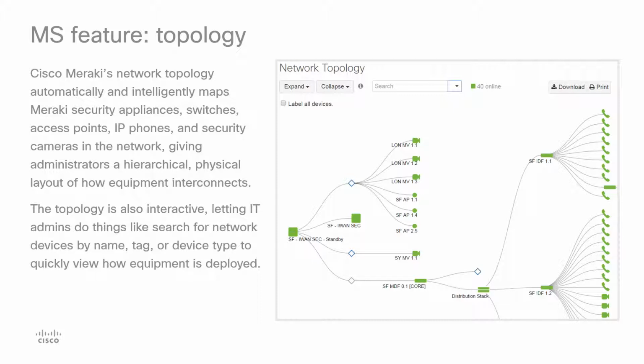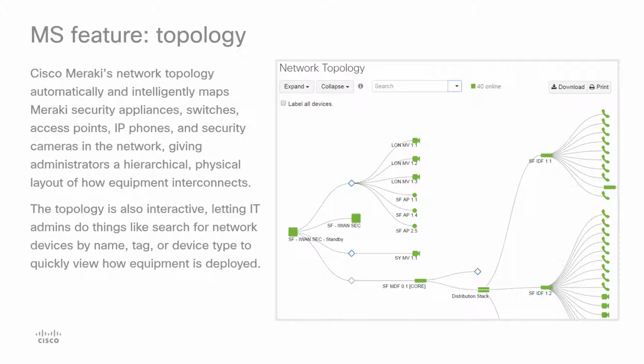Quickly zero in on a device that matters by using the dynamic search tool available in the topology dashboard view. You can search for a network device by name, type, or device type to see how equipment is deployed. Devices not meeting search criteria will be automatically dimmed, so that the equipment you search for is highlighted.